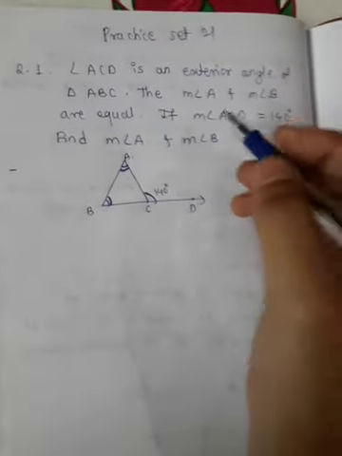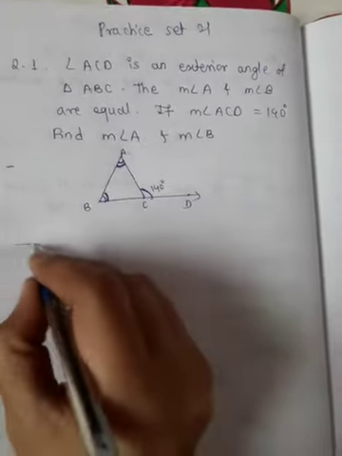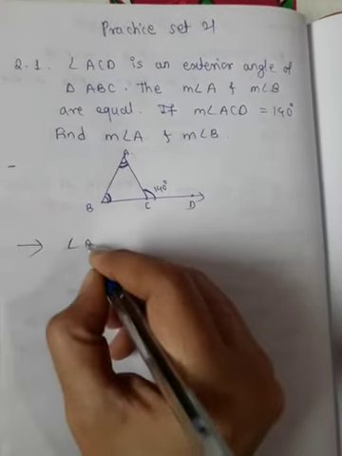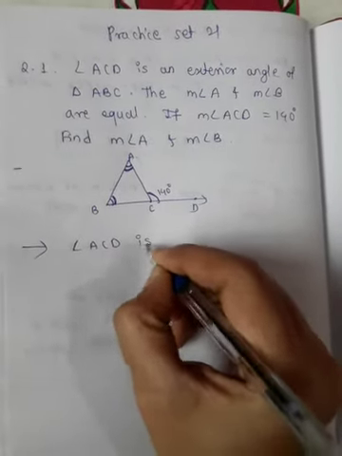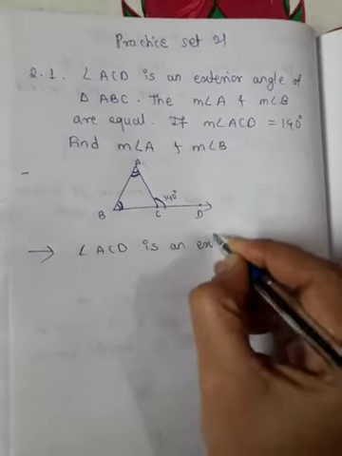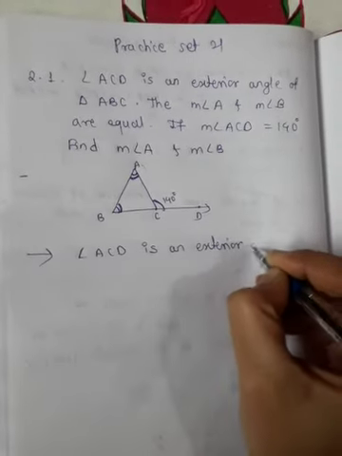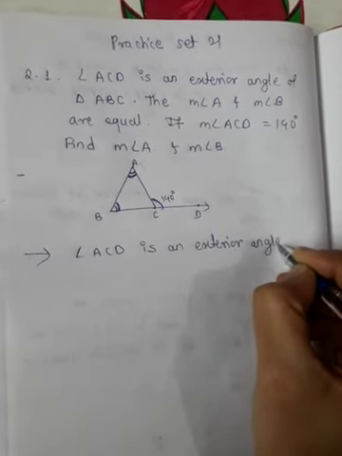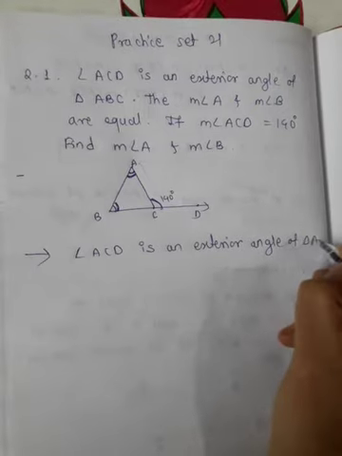Okay, so see here what is given. Angle ACD is an exterior angle of triangle ABC.